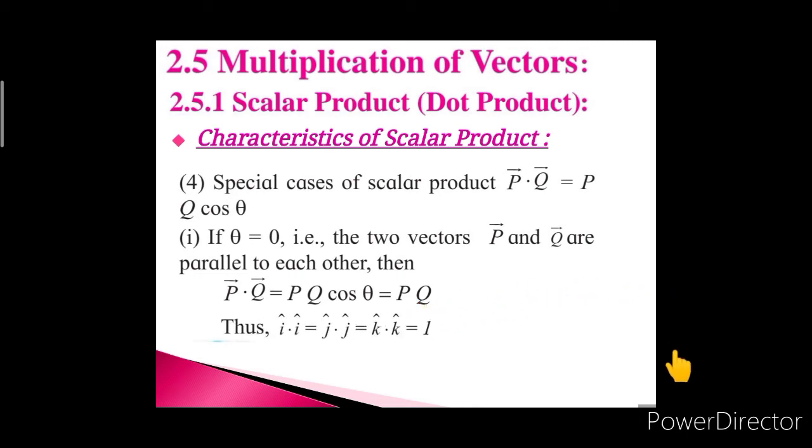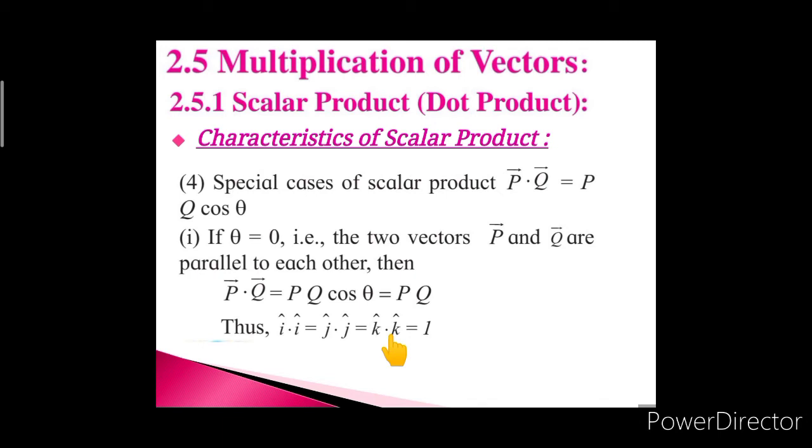Similarly, when unit vectors are multiplied, like vector i multiplied with vector i, the angle between them is 0, they are parallel to each other, and also vector j multiplied with vector j, again parallel to each other, and vector k multiplied with vector k, the angle between these two vectors is 0.